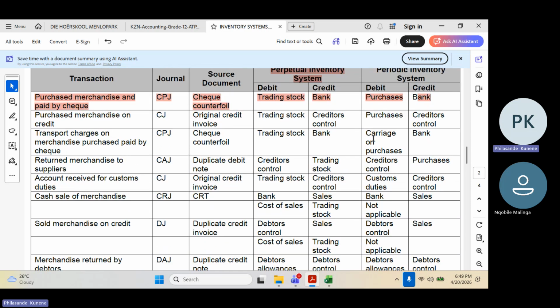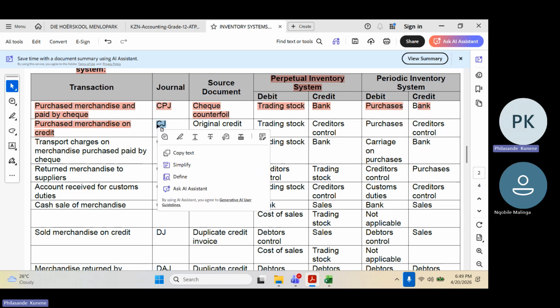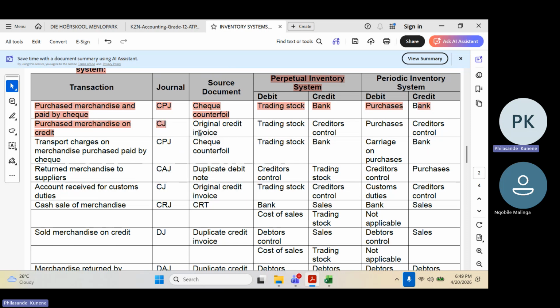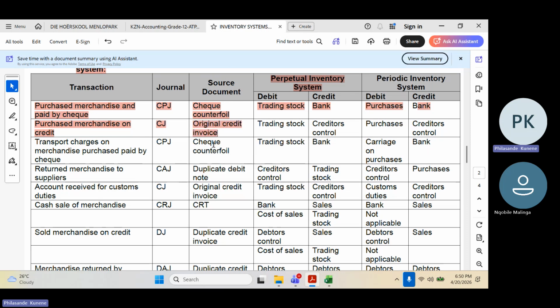Okay. Now we move. Purchased merchandise on credit. Now buying merchandise on credit, everything will still be the same here, except that now this is a creditors journal because we're buying it on credit. And the source document will be original credit invoice. You can see that you get the invoice if you're buying on credit.